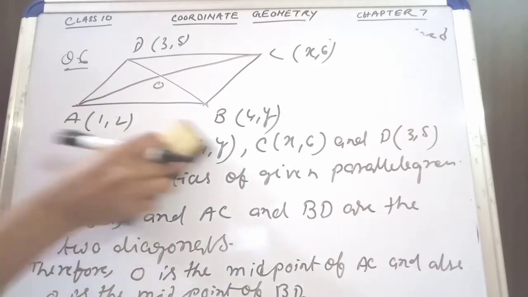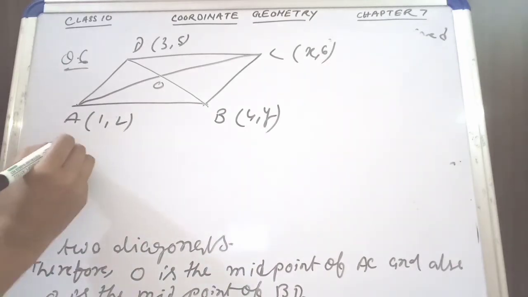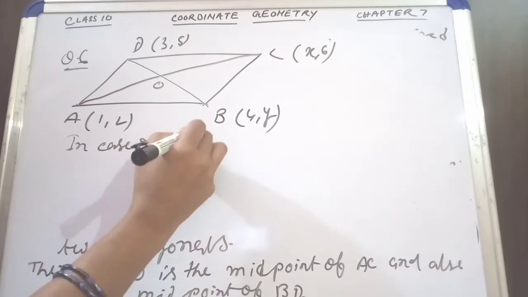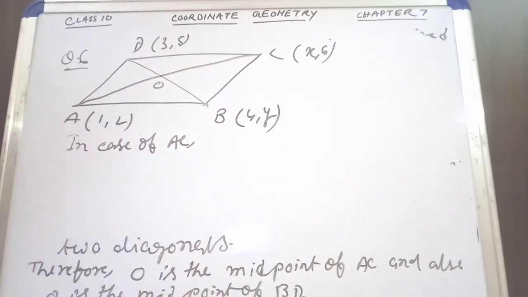So now, in case of AC, what's the coordinate of O? Because O is the midpoint of AC.